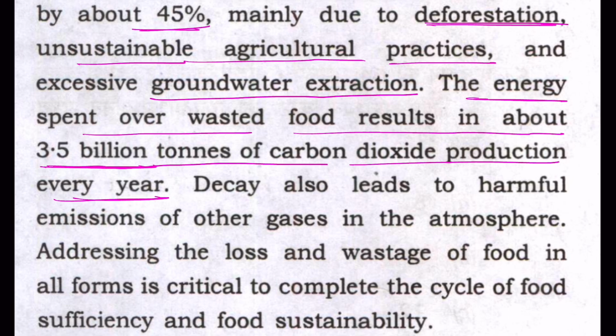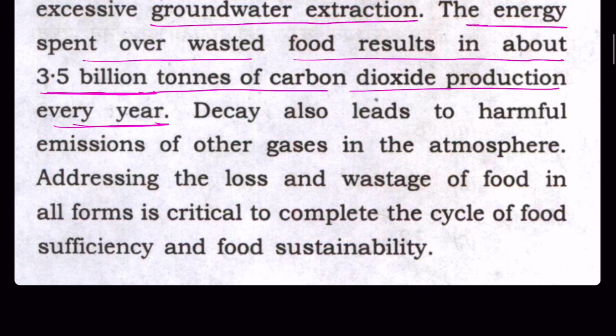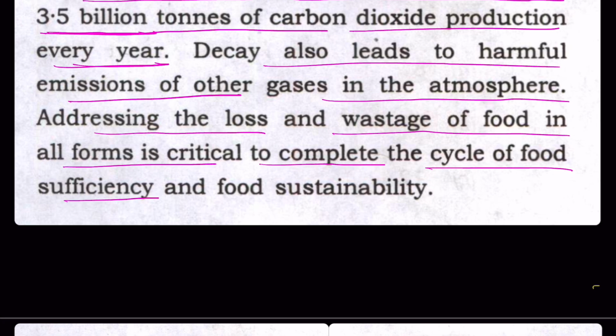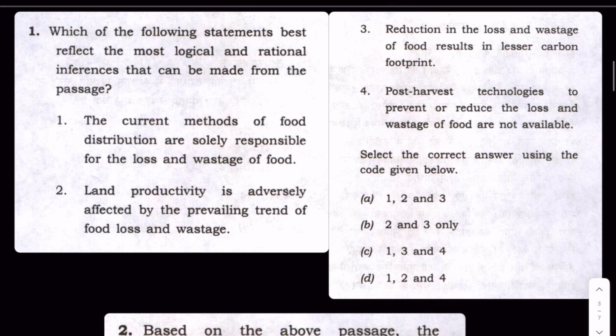Decay also leads to harmful emission gases in the atmosphere. Addressing the loss and wastage of food in all forms is critical to complete the cycle of food sufficiency and food sustainability. So food sufficiency and food sustainability are the two main themes, I think, of the passage.